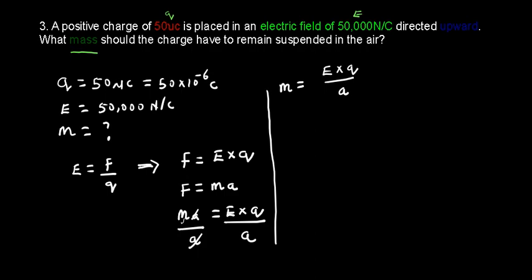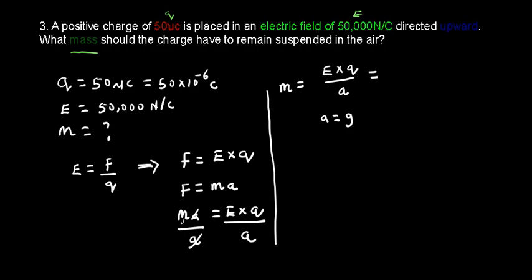Now, let's go ahead and put our values. But remember that this A is equal to what? G, because it is directed upwards. So it's not going to be acceleration due to gravity.